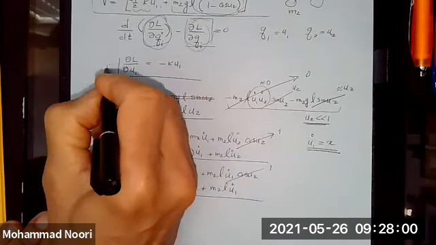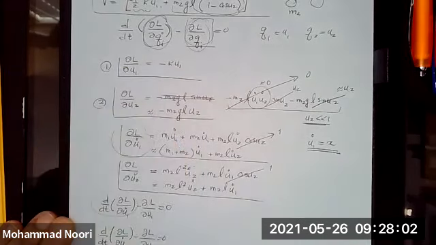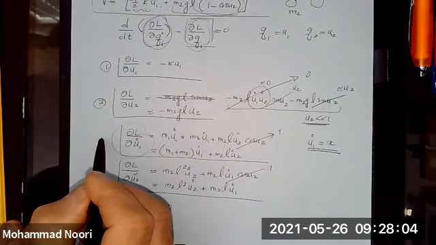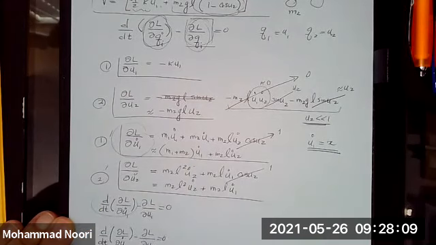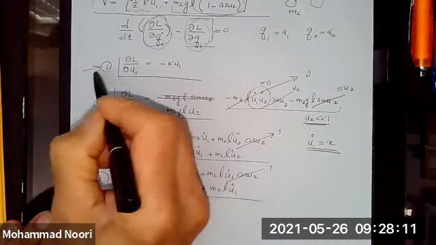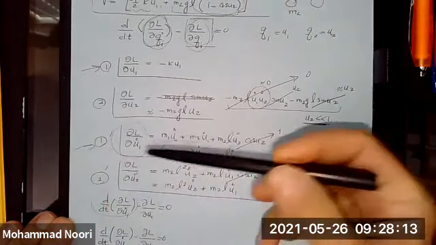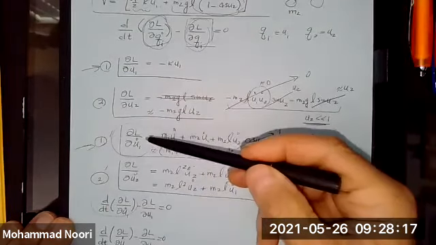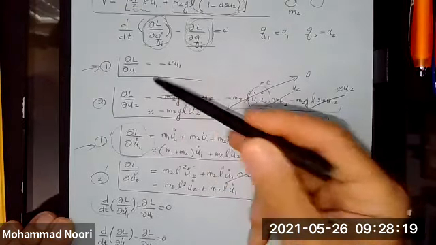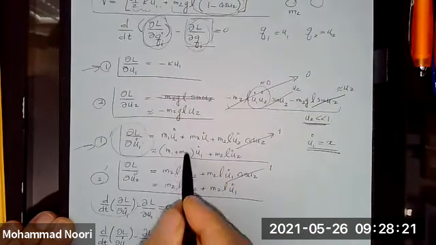In other words, if I call this 1, 2, this is 1 prime, this is 2 prime, you just take the time derivative of 1 prime, subtract 1 from it. So that's all I do.